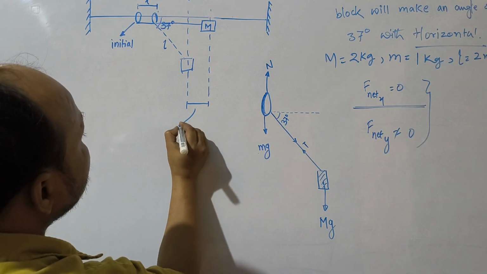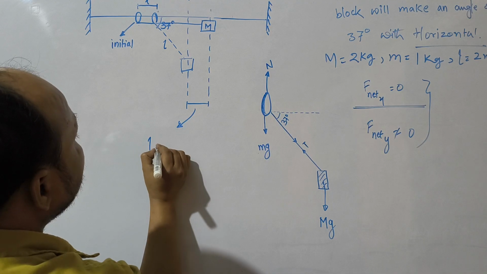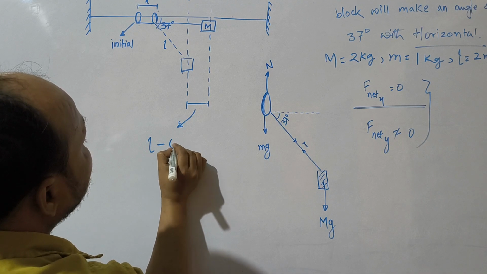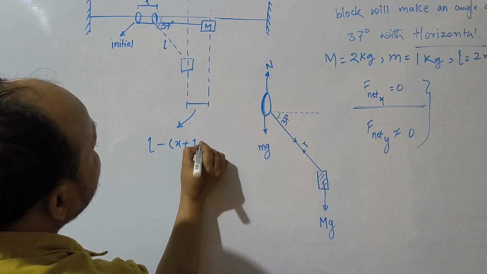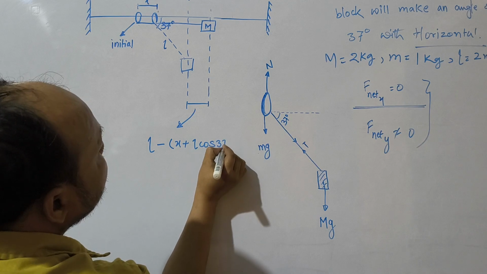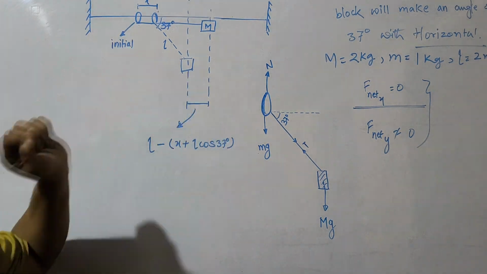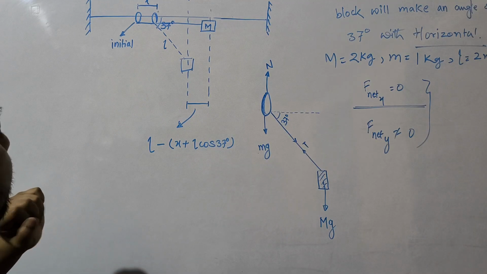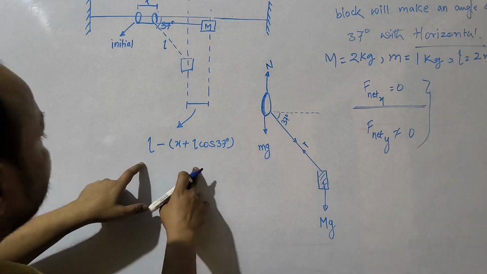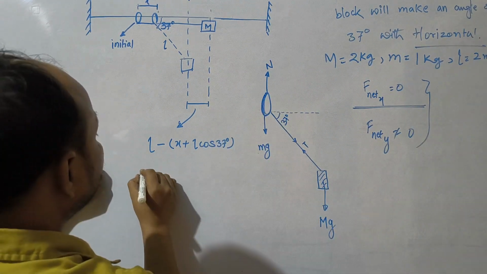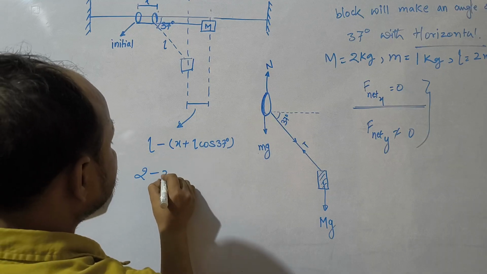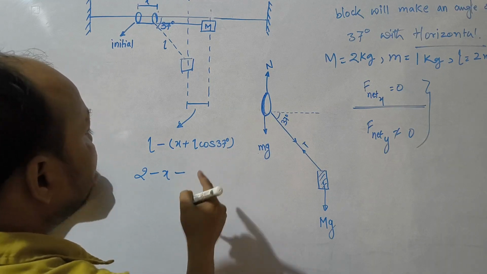So what will be this value? L minus x minus L cos 37. I think we are correct. Okay, so what will be the value that comes out from here? L is equal to 2 minus x minus L cos 37.